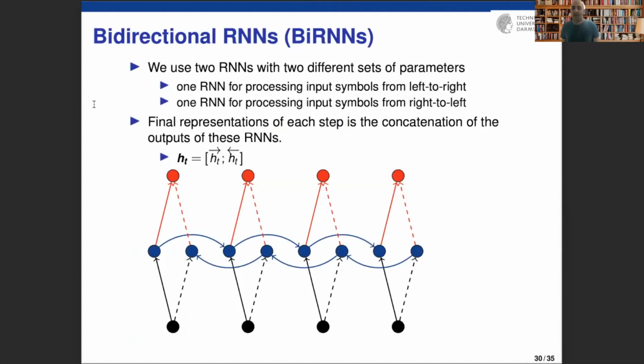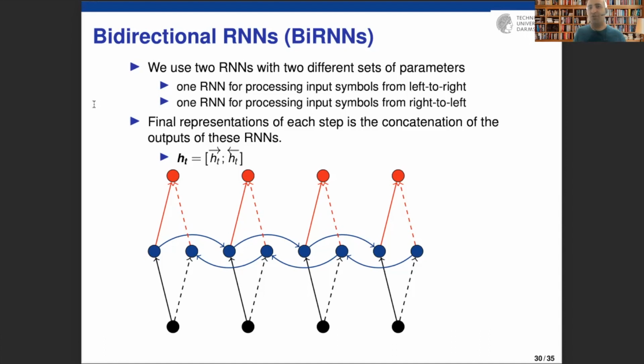No matter what unit you use, a standard RNN, GRUs or LSTMs, there are different extensions to recurrent neural networks. Maybe the first extension is bidirectional RNNs. If you use LSTMs, it's still named LSTMs.